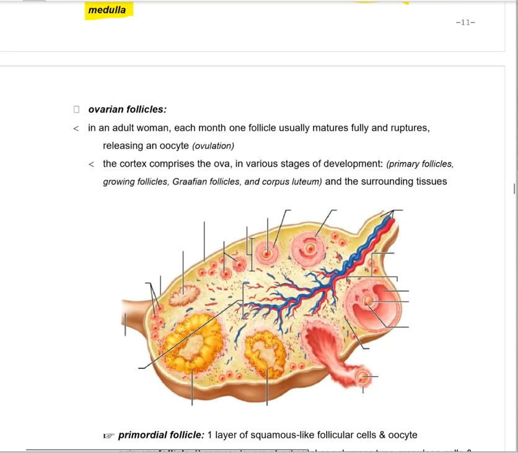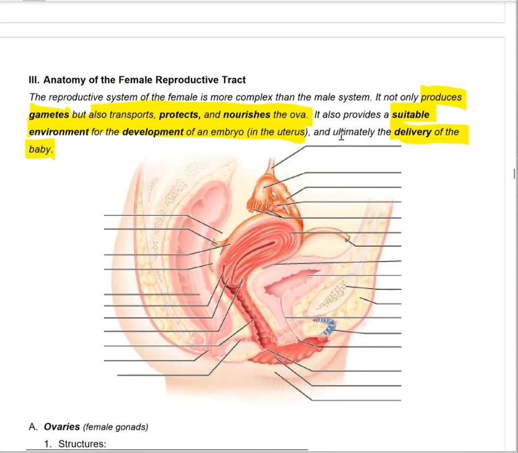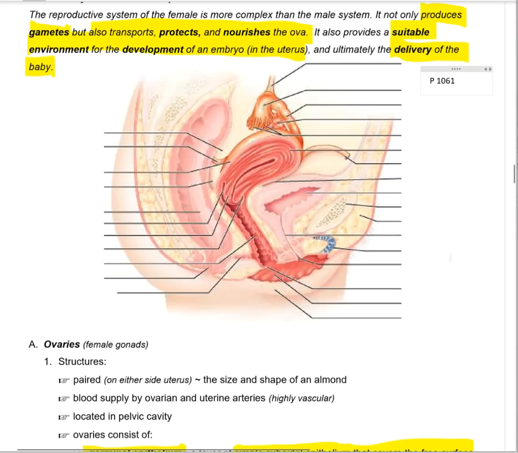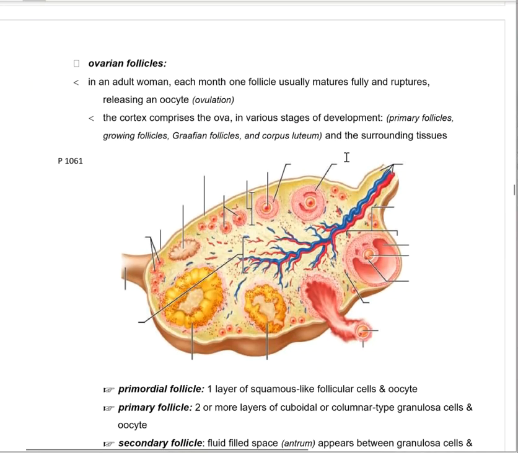By the way, I don't know if your book still has this picture, but they have a similar one on page 1061 also. That's an actual picture of an actual human ovary. So these are both page 1061.